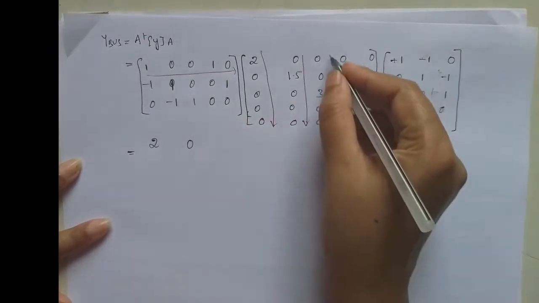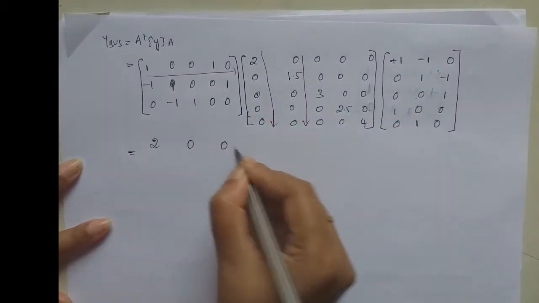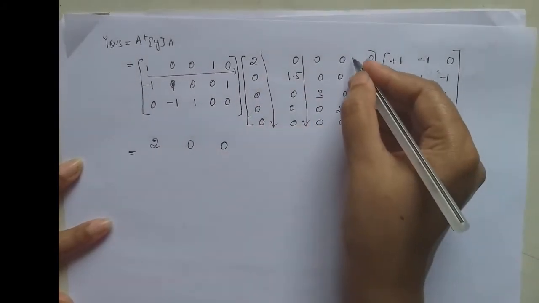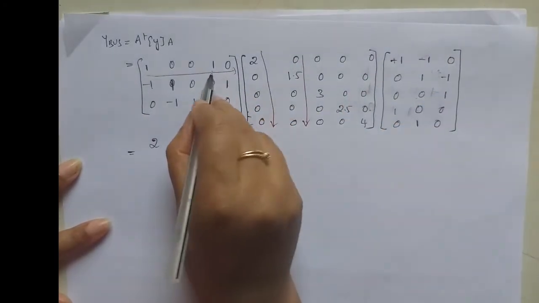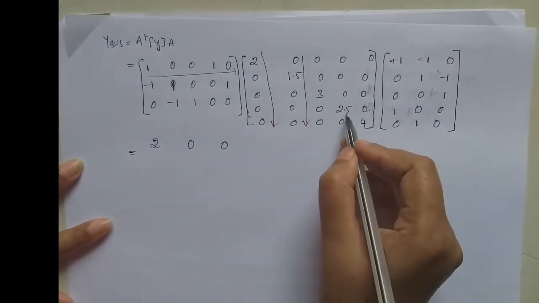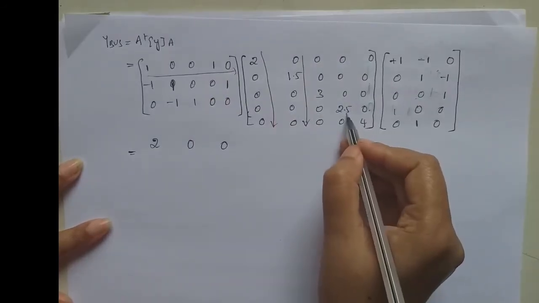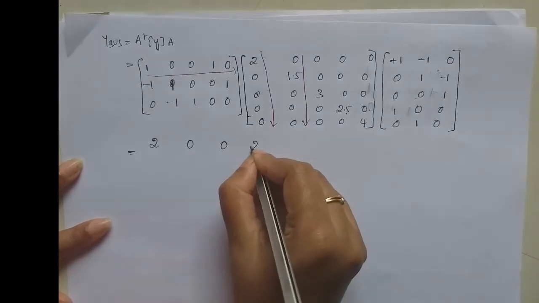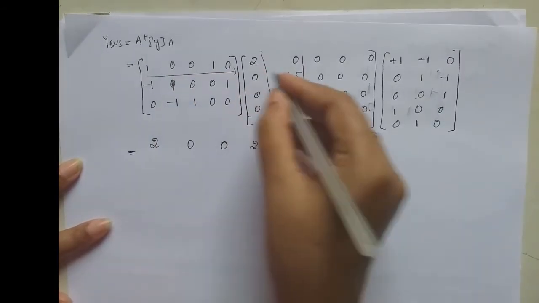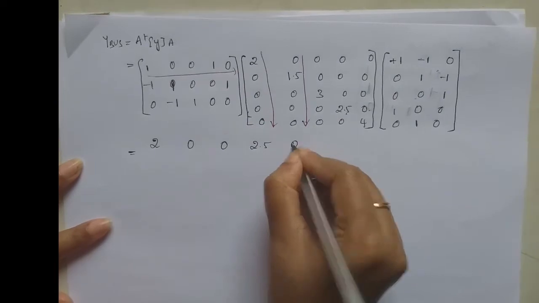First row with third column, it is 0. First row with fourth column, here it is fourth element, the fourth element is multiplied with the fourth element and added with the zeros, so it would be 2.5. First row and fifth column, it is 0.